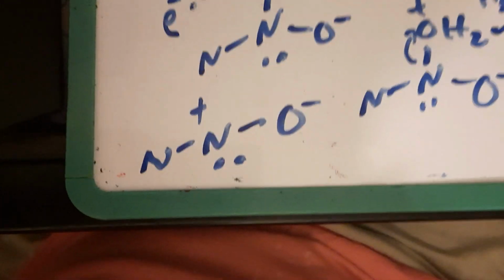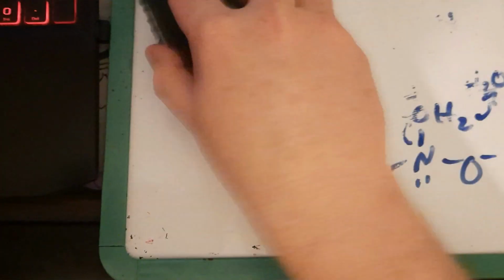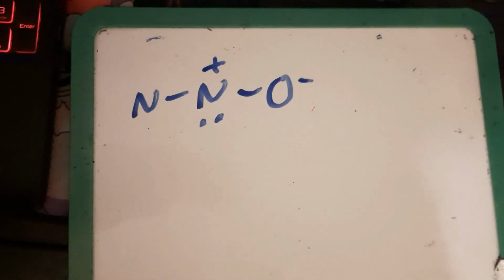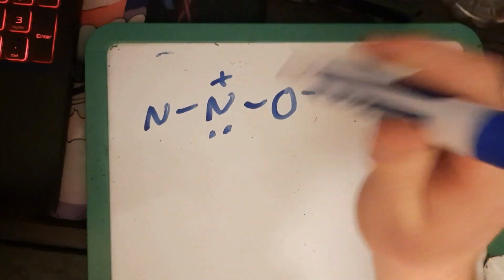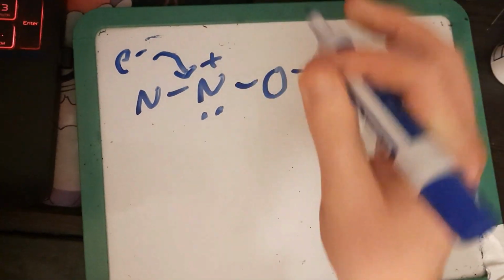Okay, so let's do this process again. Okay, let's erase the whole board. This is the intermediate. N O minus, positively charged. We're giving this another electron. Okay? So another electron comes in, goes into there.